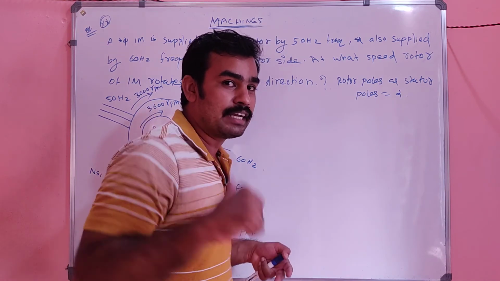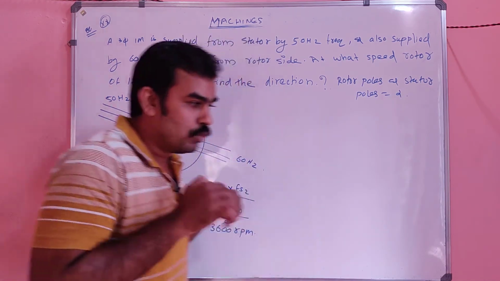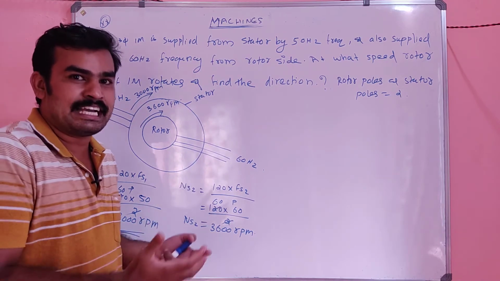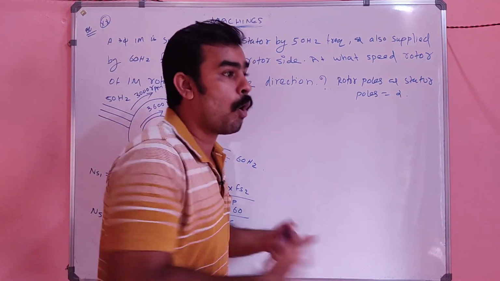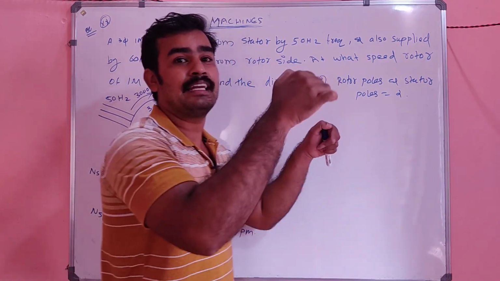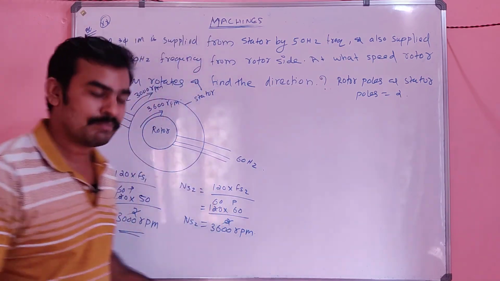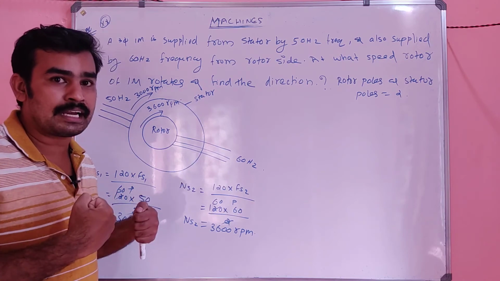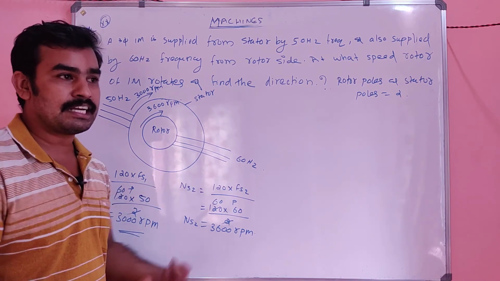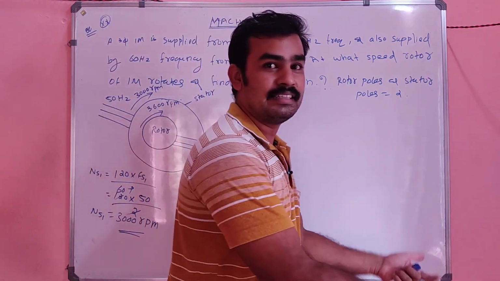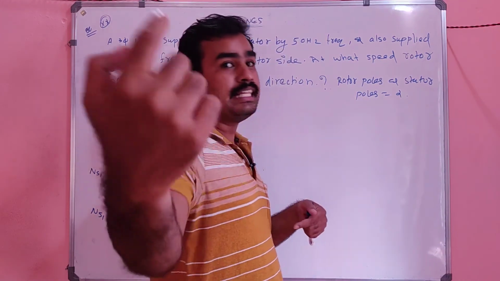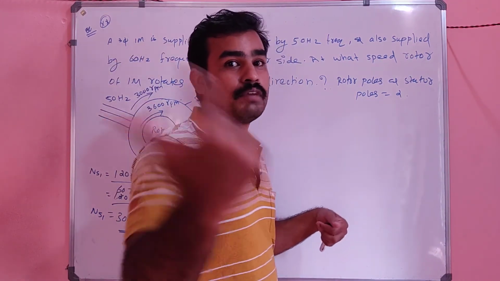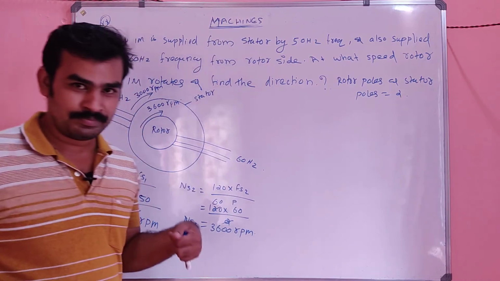Then only can it compensate. The stator will try to overspeed by 600 rpm. Then only will that flux linkage vanish. So it will try to catch up 600 rpm more speed than now, correct? It will acquire a speed of 600 rpm more than now. Then only will that rotor side flux be compensated.